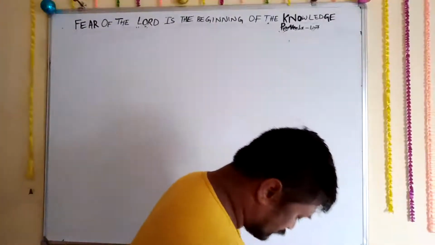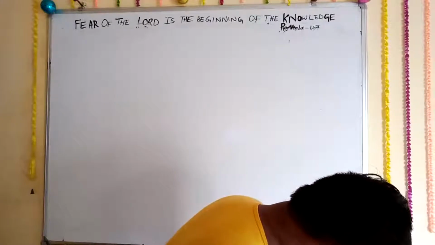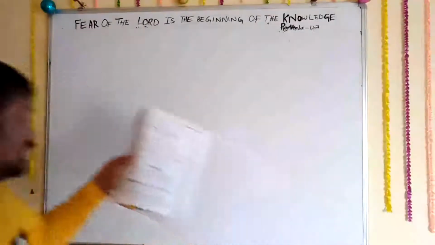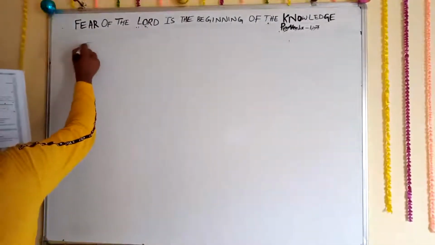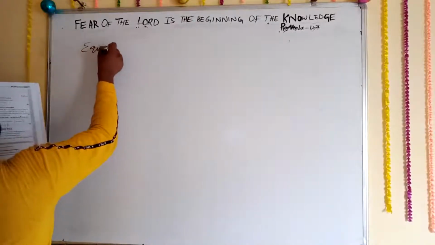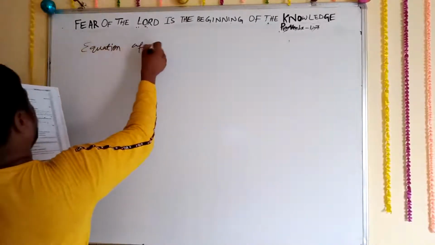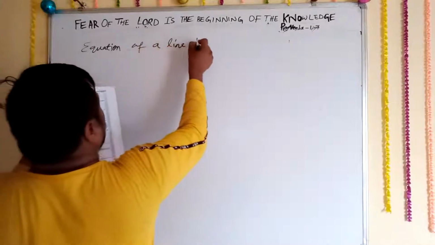So now the next concept is the equation of a line in space.